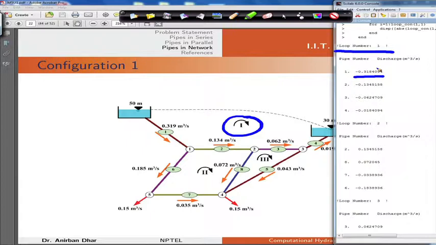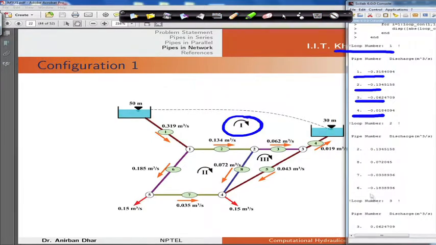We have assumed close values, that is why there is almost no change in values, but the only change is there for the last one. This was 0.019 and I am getting here 0.0184, which is very close to this one.